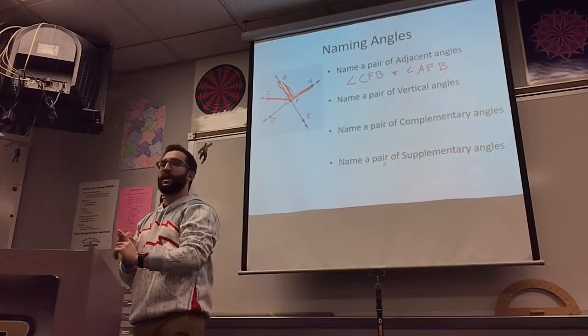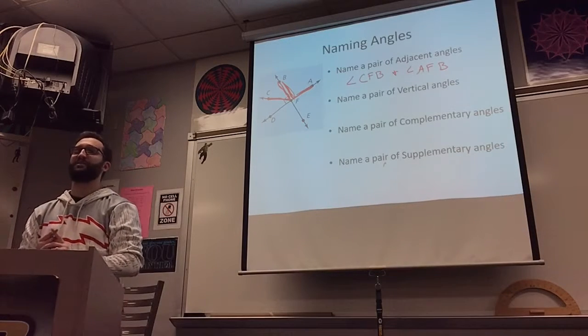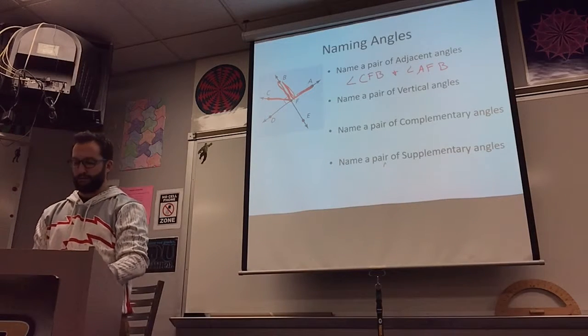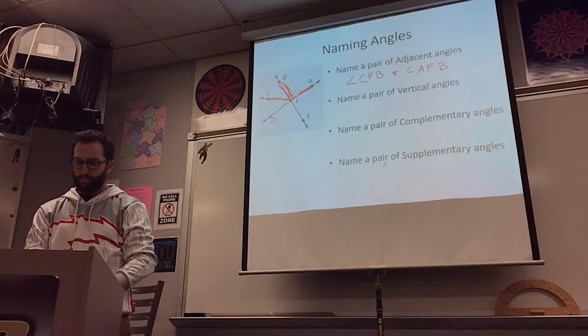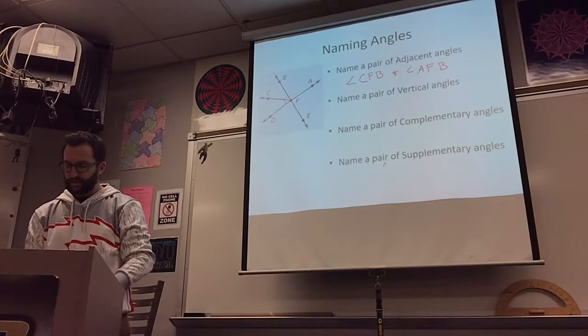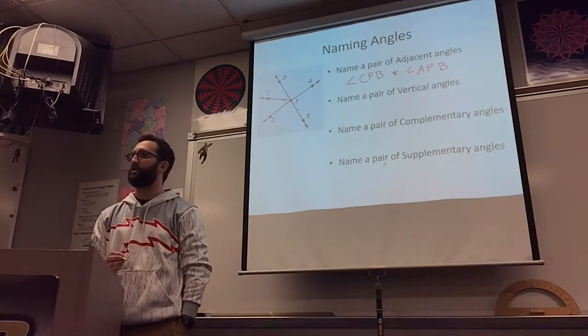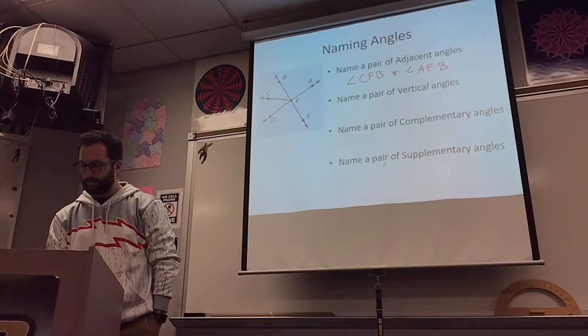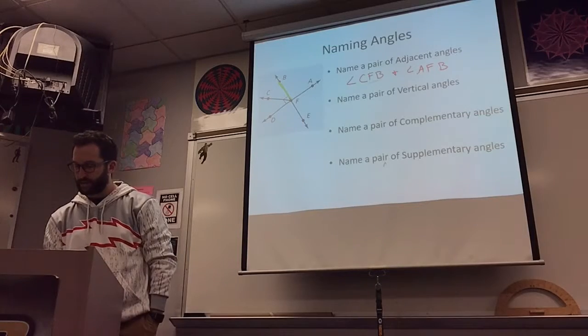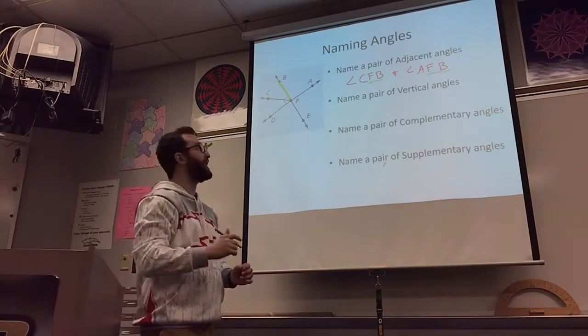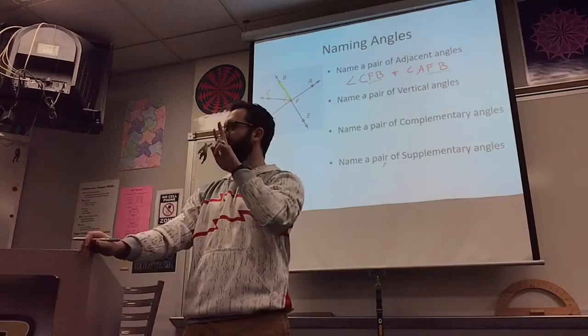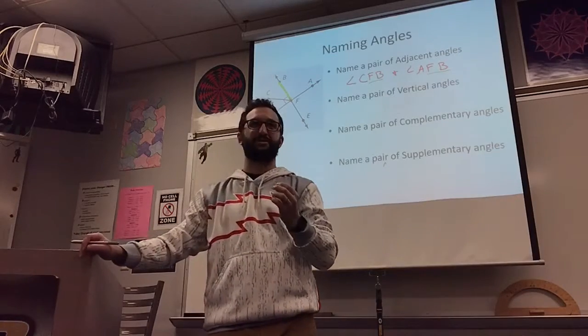F is the vertex, and they both have B. They have to share a common side. Which side do my two angles share in common? FB. They both share FB in common. So in the adjacent angles that you wrote down, there better be two letters that are exactly the same, and one of them needs to be your vertex.